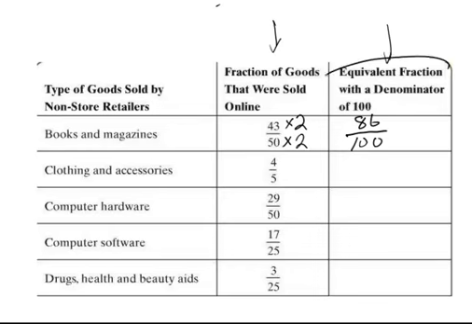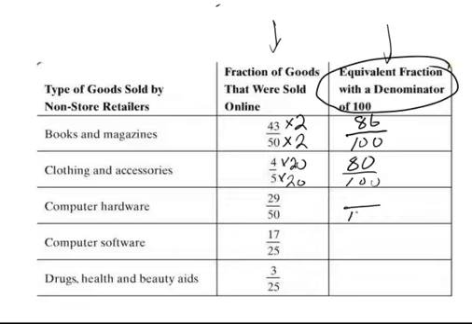If you notice here, this is telling me to write every one of these fractions with the denominator of 100. So when I do the next one, I know I multiply that one by 20, so I'm going to multiply this one by 20. That's going to give me 80. Come back here again. I multiplied this one by 2, so I need to multiply this one here by 2.